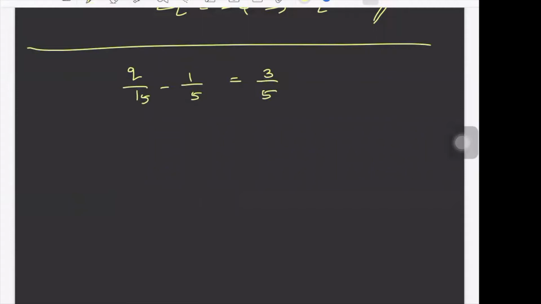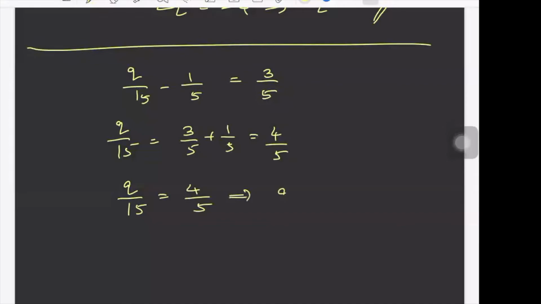That is one way to do it. So we have q by 15 is equal to 3 by 5 plus 1 by 5, which is 4 by 5. So q by 15 is equal to 4 by 5. So your q will come out as 15 into 4 by 5. So that will be 12. That is one way to do it.